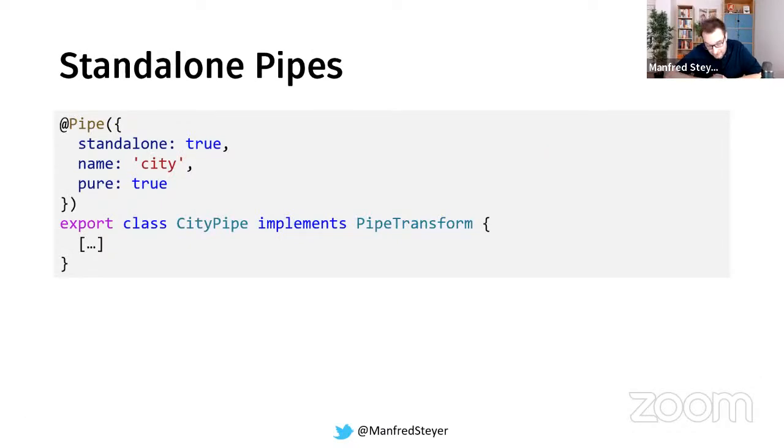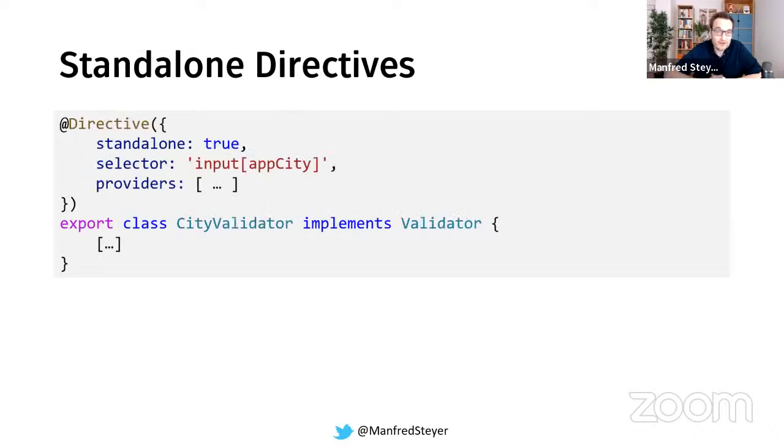By the way, besides standalone components, we also get standalone pipes, because the idea is to make ng modules optional. And so we also need to find a way to make pipes self-sufficient. And of course, if we have standalone components and standalone pipes, we will also get standalone directives. Also here, we get our standalone property.